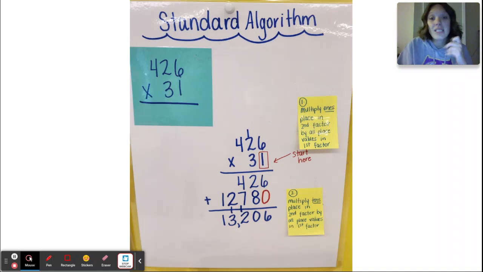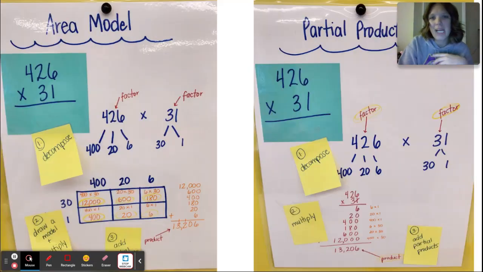I will say it is the quickest strategy, but it's also the most difficult to understand the rationale behind. So that's when we bring in partial products and an area model, so students better understand what we're multiplying and why we're multiplying the way that we do in a standard algorithm. So with area model and partial products, we're just decomposing the factors and multiplying that way.